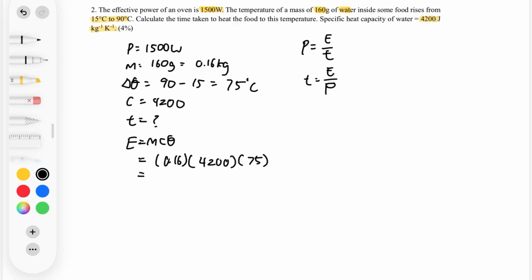If we calculate, we get 50400 joule. Then time equals energy 50400 divided by 1500, which is around 33.6 seconds. This is your answer for the second question.